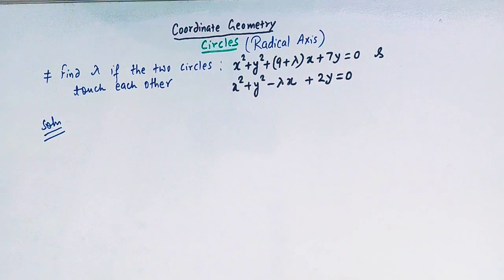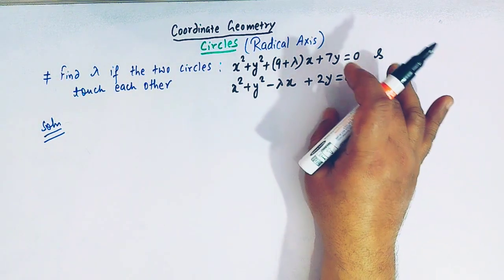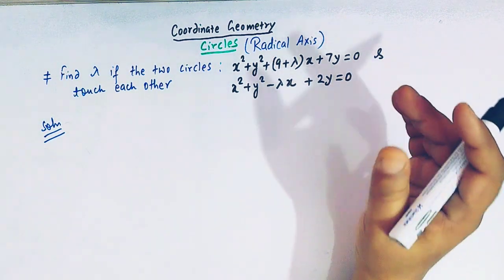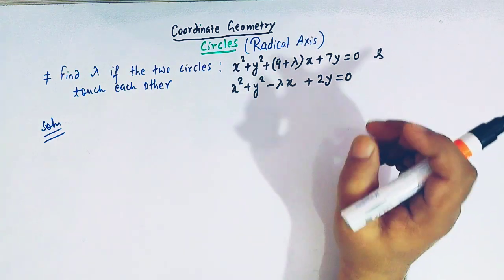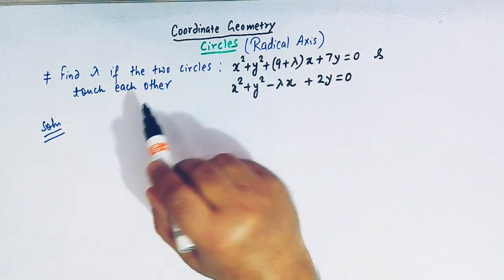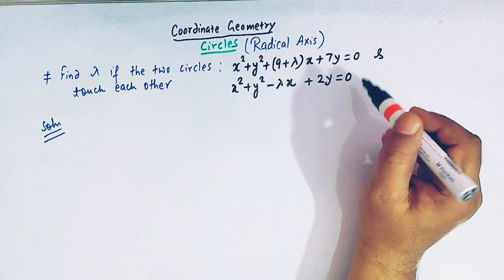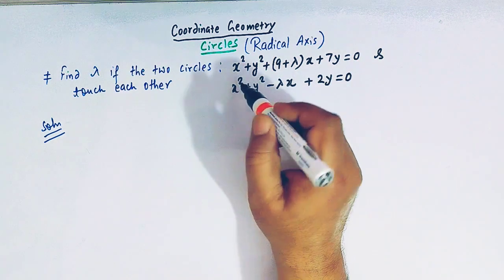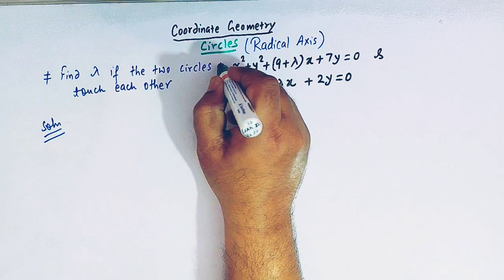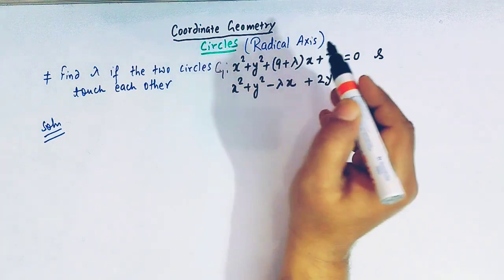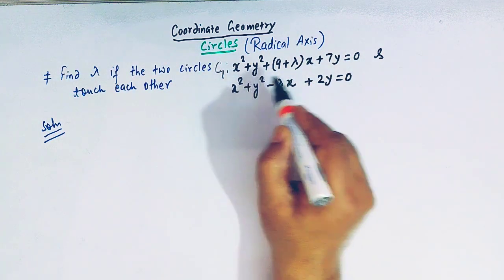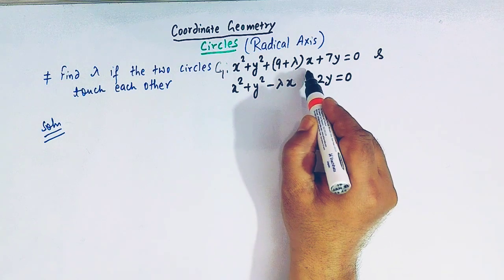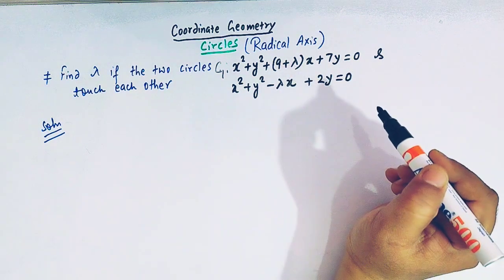circles touch each other. So whenever we come across these types of problems, the concept of a common tangent evolves, right? So here we are given the equations of two circles, right? The first circle may be taken as C1, and the equation is x square plus y square plus 9 plus lambda x plus 7y is equal to 0.